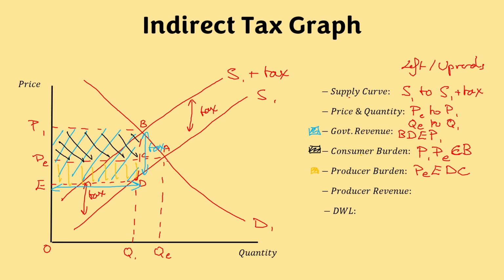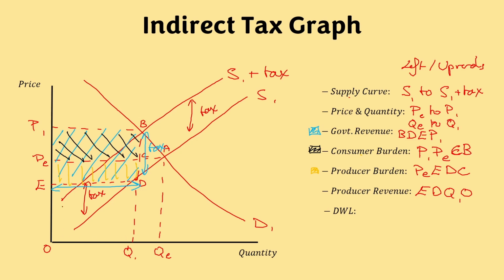But as you can see, because of the tax, now producers only get E. Therefore, the area representing producer revenue would be E, D, Q1, O. So it used to be this big box, but now, because part of the tax is passed on to consumers and part of the tax is passed on to firms, so to producers, this means that the producers still have to take on some of the tax, which means that the money they will get will be lower.